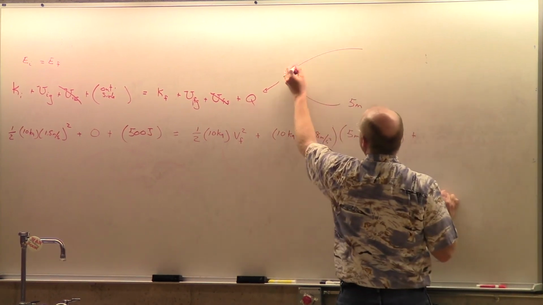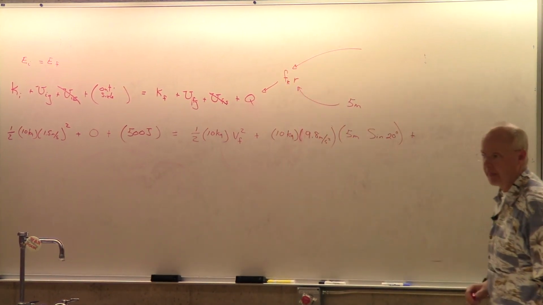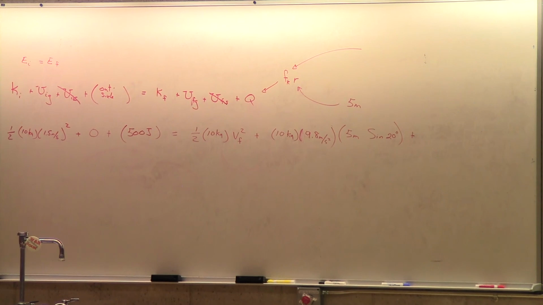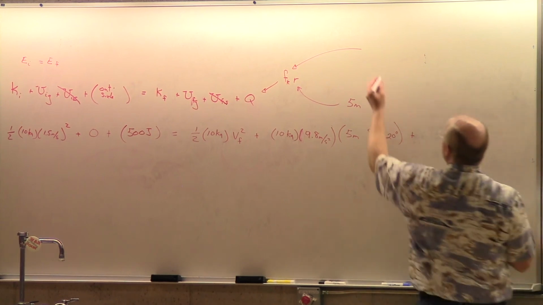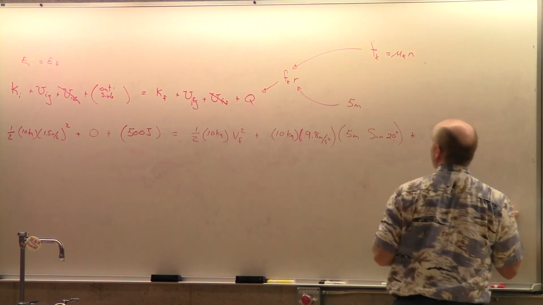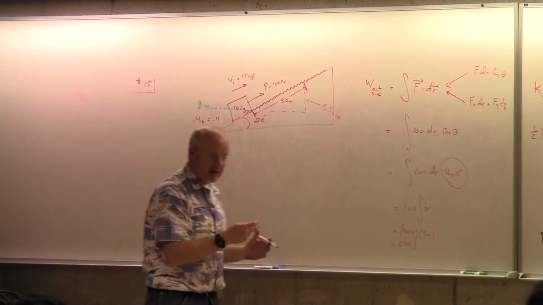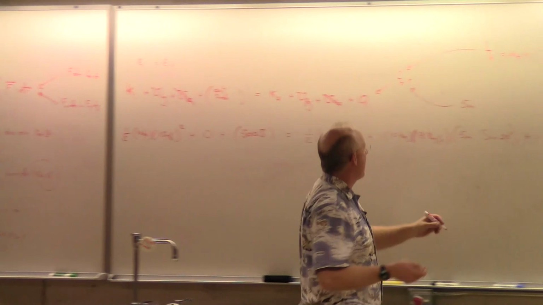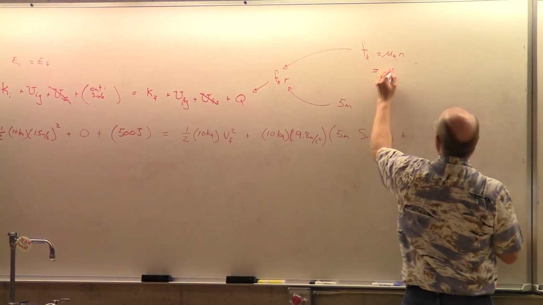Now, maybe the harder one here is, what's the frictional force? They gave me the coefficient, but I need the normal force. So this is the coefficient of friction times the normal force. The coefficient of friction is 0.4, so that one is given. That depends on the surface and what it's made out of and how well it's polished and all that good stuff.